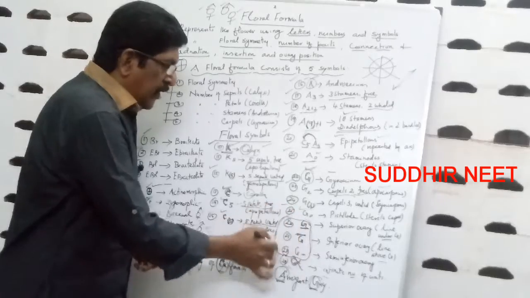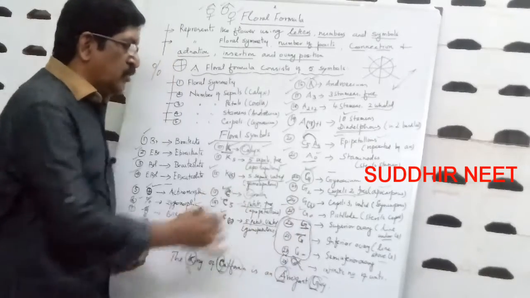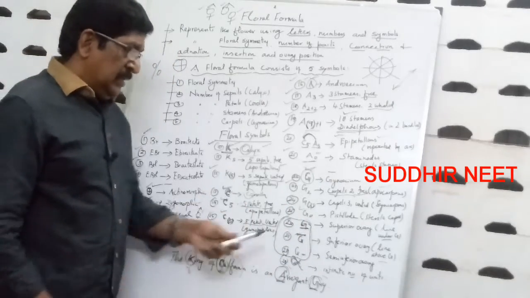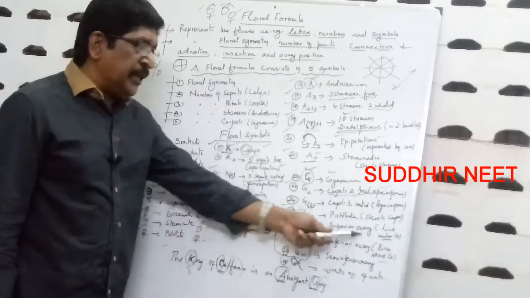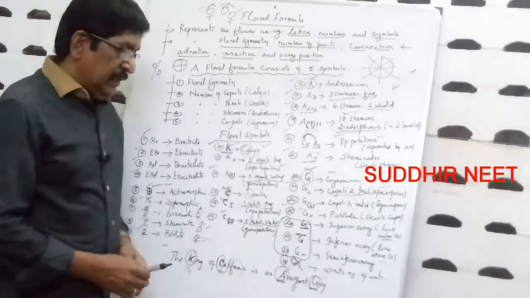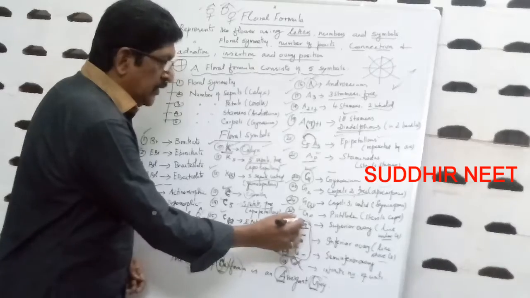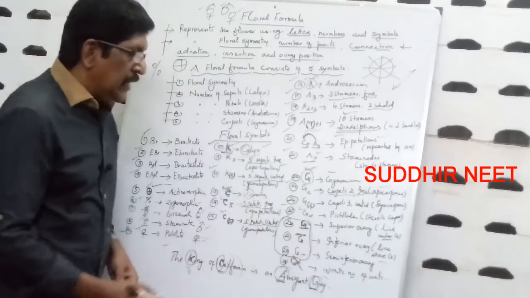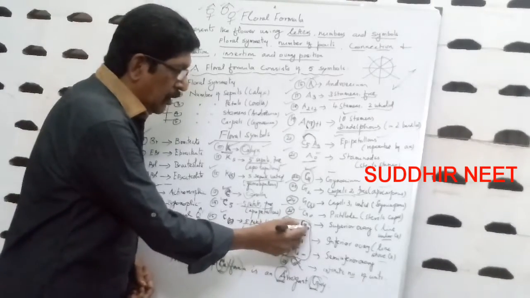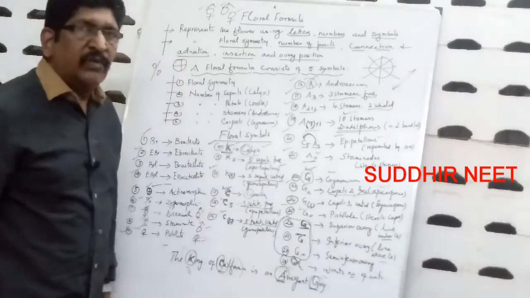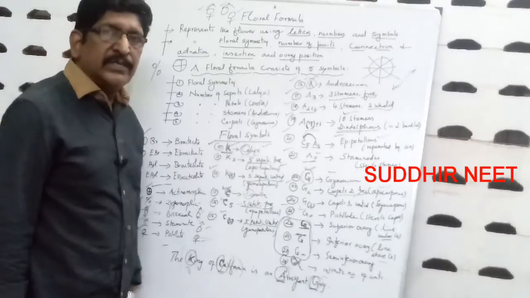Then the ovary position will also be represented. In the gynoecium, if the ovary is superior, hypogynous, then the line will be below the G for gynoecium. The line will be below the G for superior ovary, hypogynous condition.